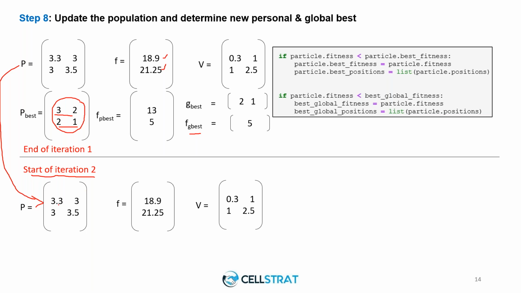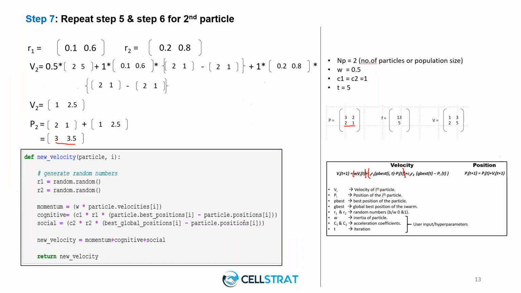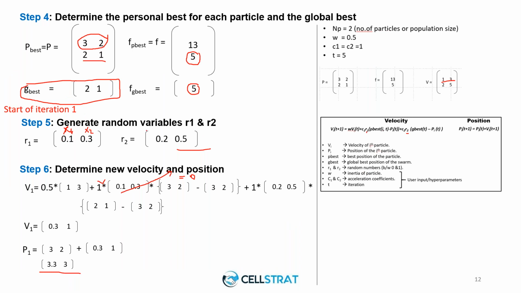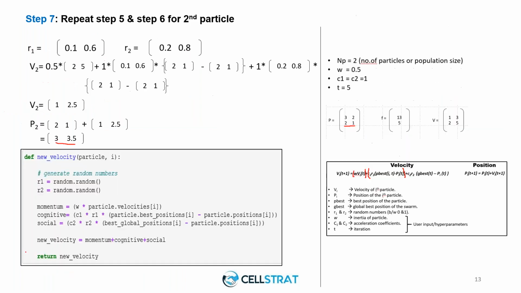But here, whether the solution is bad or good doesn't matter. It gets incorporated into the population, and the iteration starts from this new position. So again, the loop goes back to generating random variables, generating a new velocity, and calculating the new position.